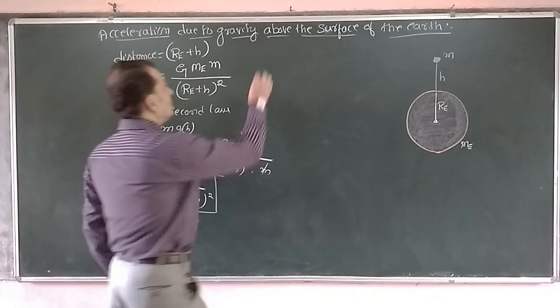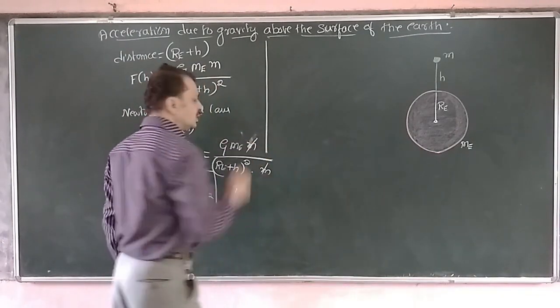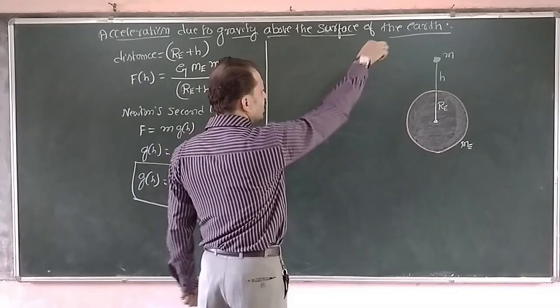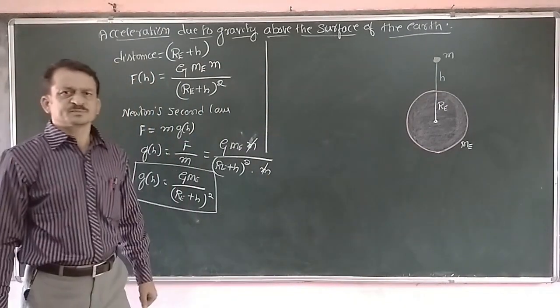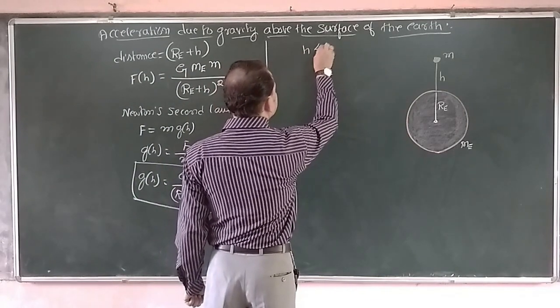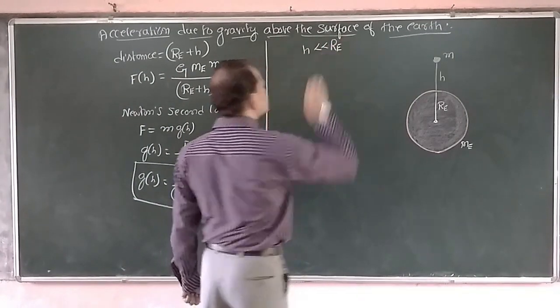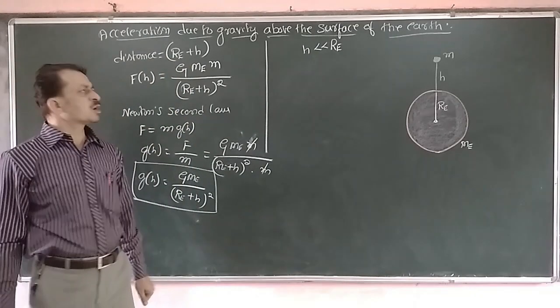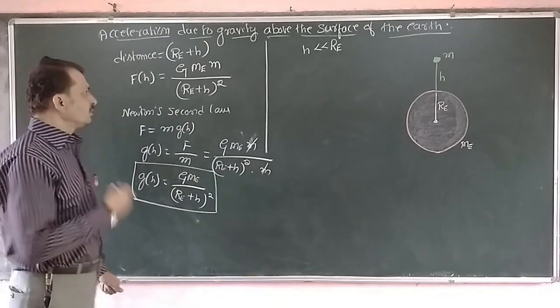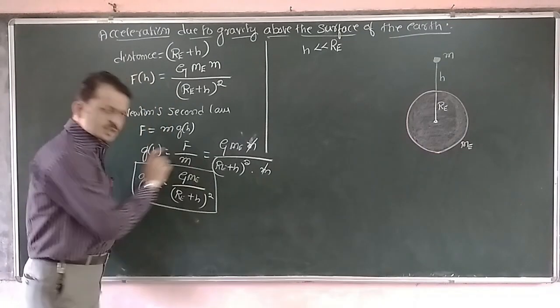Now we will make one assumption: that point object is very close to the surface of the earth, that means h is very, very small compared to the radius of the earth. In that case, what we will get? Now this is the original expression.